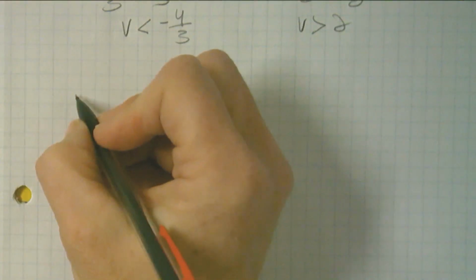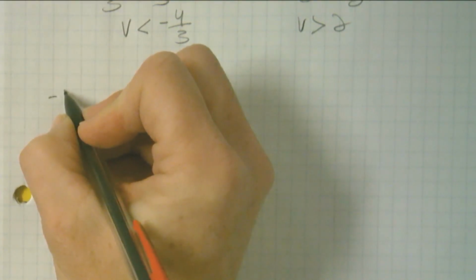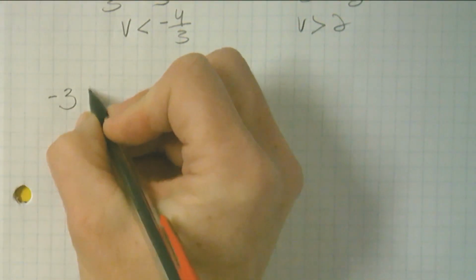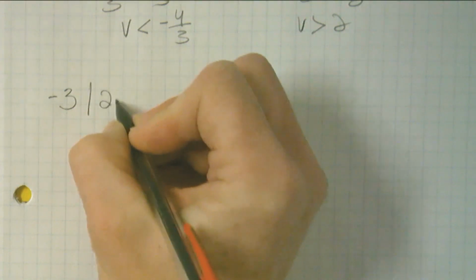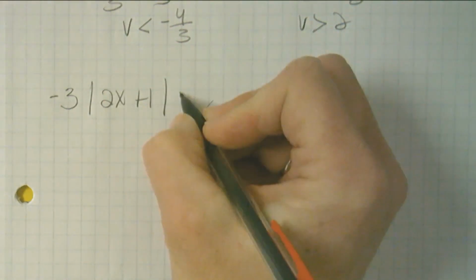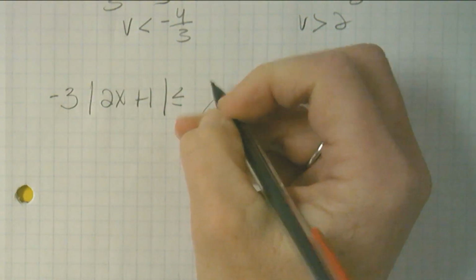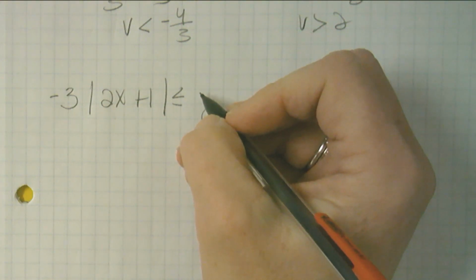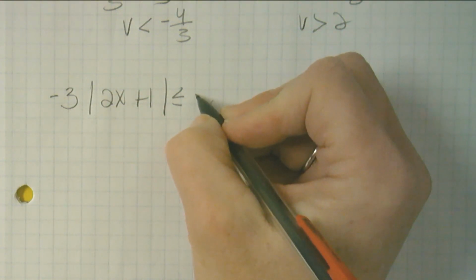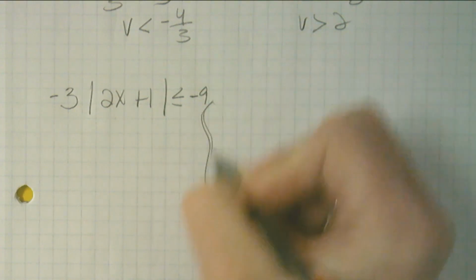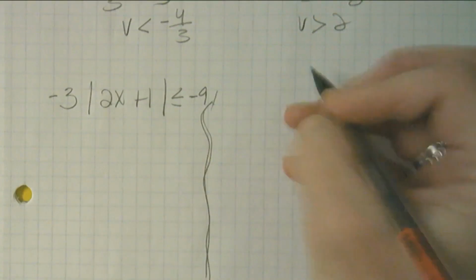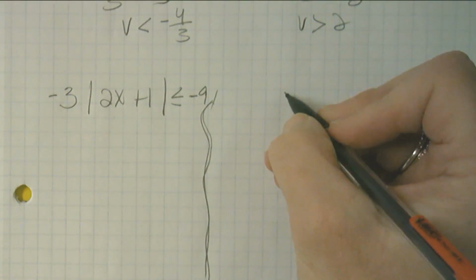So let's say I have negative 3 times the absolute value of 2x plus 1 is less than or equal to negative 9. There's my first one. And then my second one is going to be, well, let's just do that one.